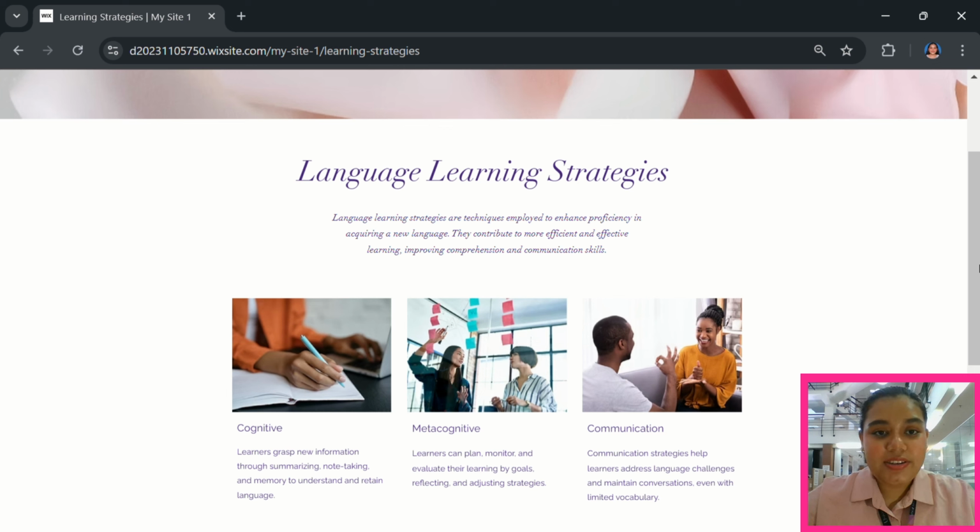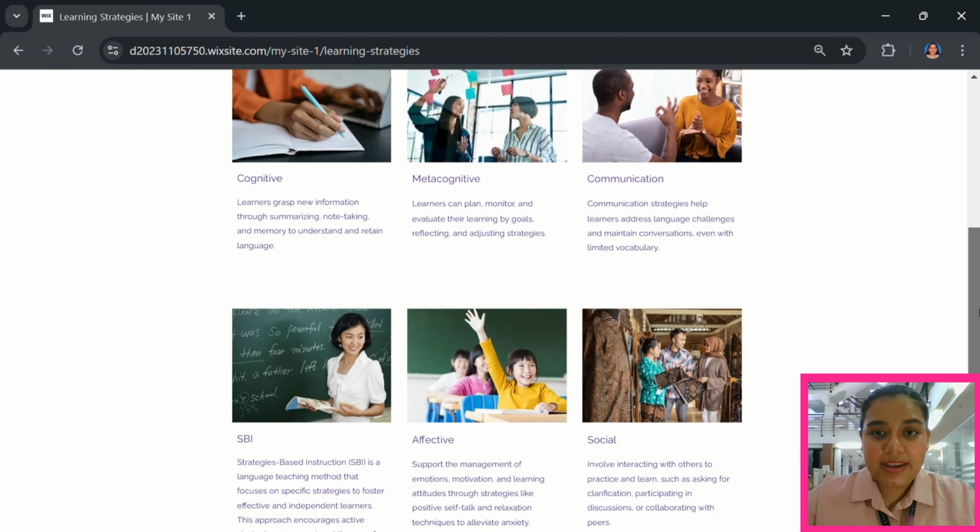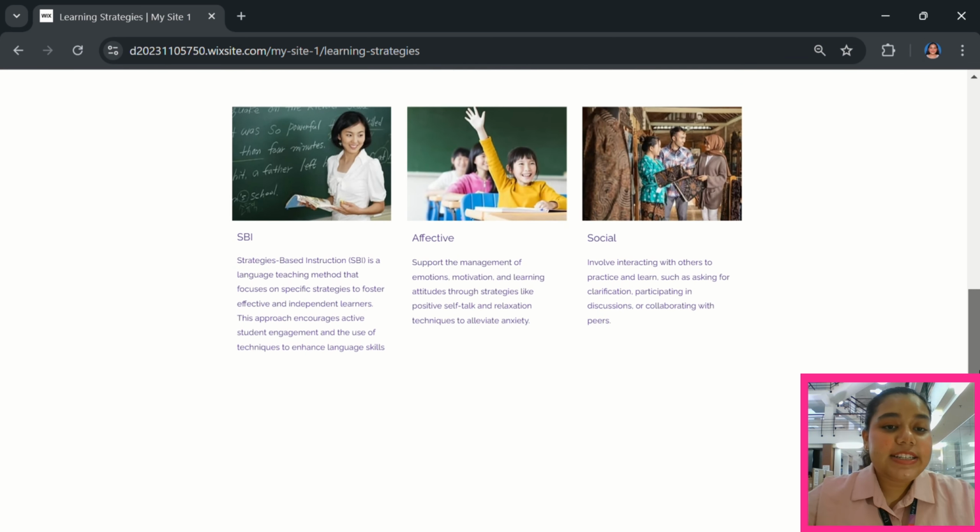Third are communication strategies, which help learners handle conversational challenges where they find ways to express themselves when missing a word or a phrase. Following that, there is standard-based instruction (SBI), which ensures teaching aligns with learners' needs through organized and targeted approaches.